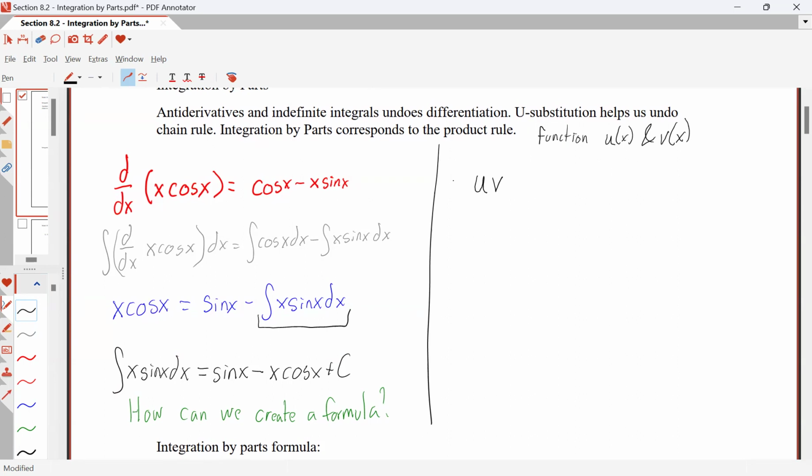If I take the derivative, like we did for x cosine x, that will become the derivative of u with respect to x times v plus the derivative of v with respect to x times u.